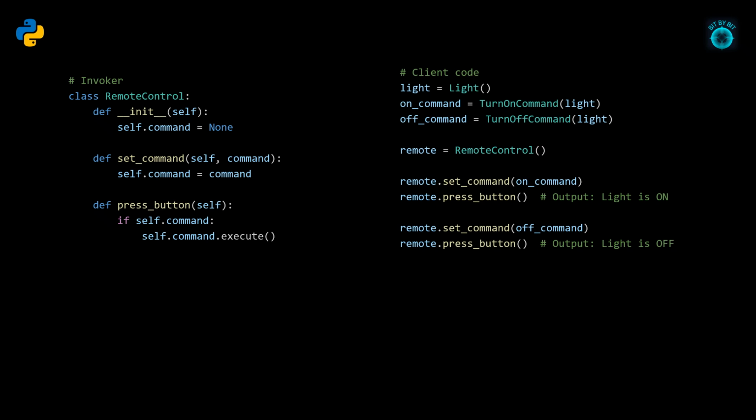Each time we press the button, the currently assigned command is executed without the remote needing to know what the command actually does. This pattern lets you fully decouple request senders from the logic that performs the request, and makes it easy to support queuing, undo operations, and command history.